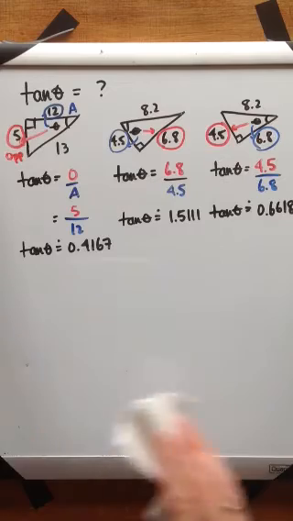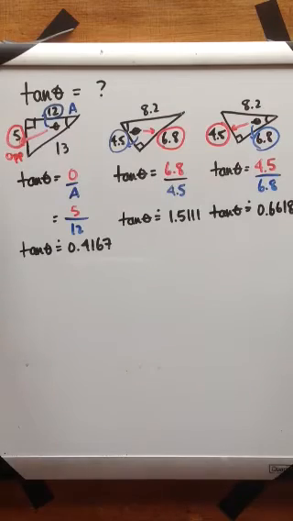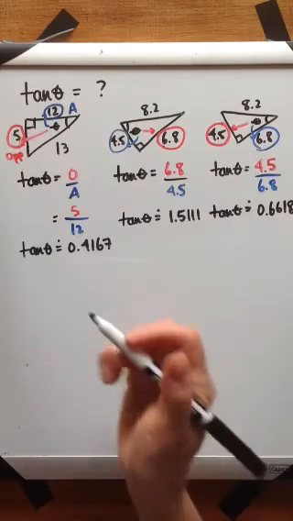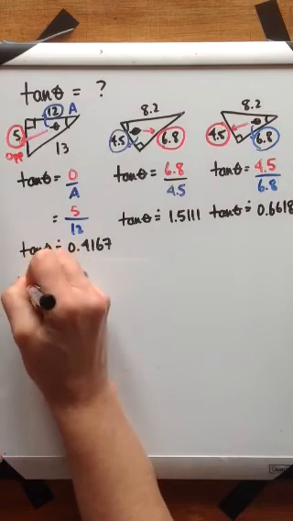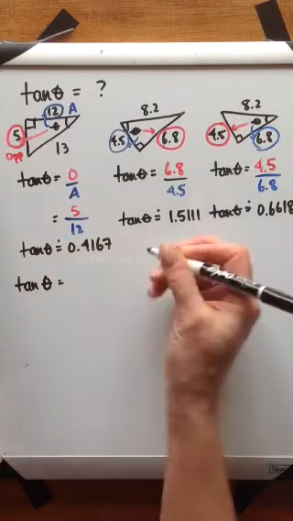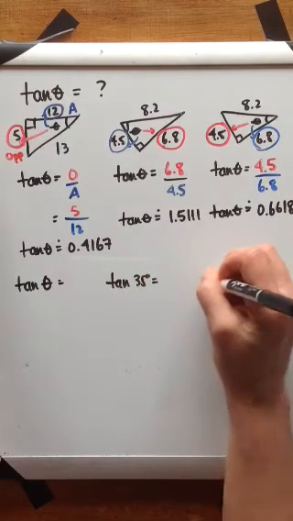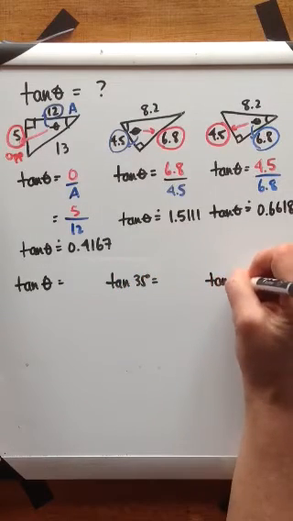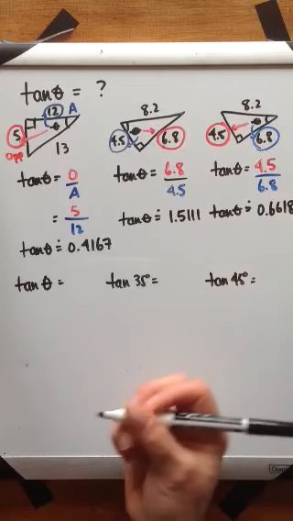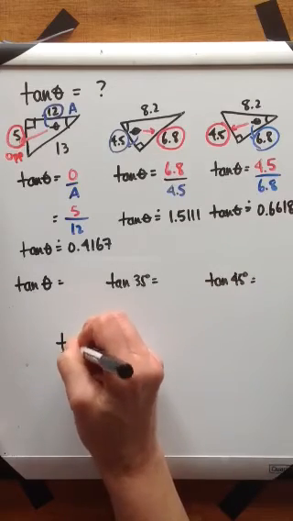Okay, let's do some more practice with your calculator. I would like you to punch in tan of 0, tan of 35, tan of 45, and I don't want you just to write down my answers. I want you to find these buttons on your calculator.